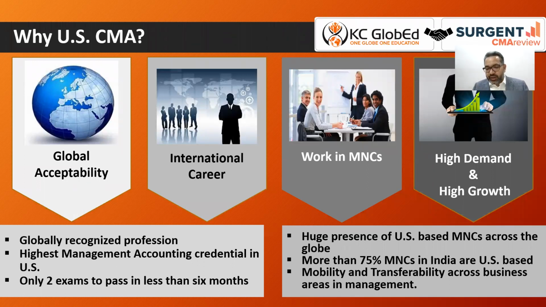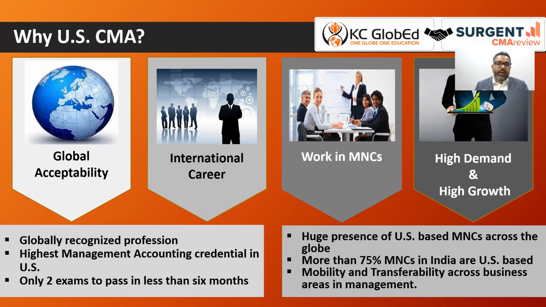And the third most important reason here is it has only 2 exams, which can be easily completed in 6 months after your 12th. So eligibility is the 12th standard. After your 12th examination, you can do the US CMA in the next 6 months by just passing 2 exams.